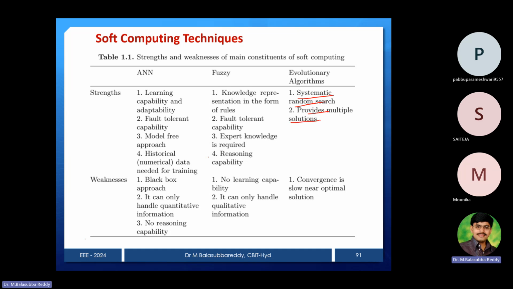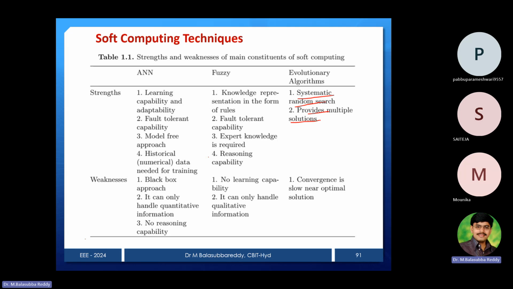As I said, all evolutionary algorithms provide multiple solutions, because the initial state itself is a random search, so I get a different kind of random result each time. Knowledge representation is in the form of rules, fault tolerance capability, and expert knowledge is required.